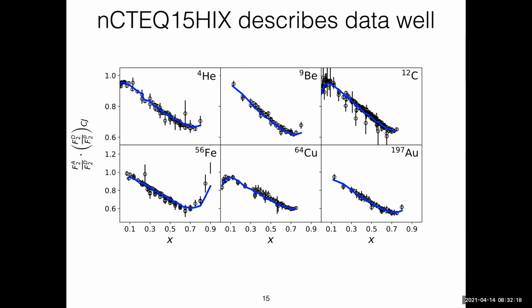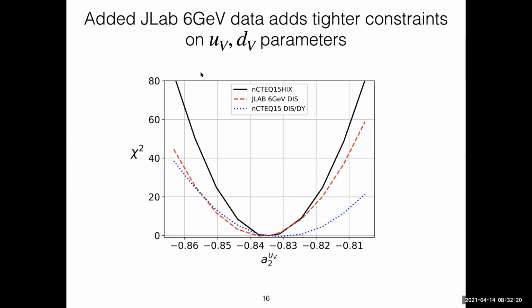What I'll say is important, and what we expect, is that this JLab data has added tighter constraints on the U valence and D valence in particular. So what I'm showing here is just a chi-squared landscape for one of the parameters that control the U valence PDF. And what we see is that in blue is the chi-squared contribution to nCTEQ15, the original data sets with the lower kinematic requirements.